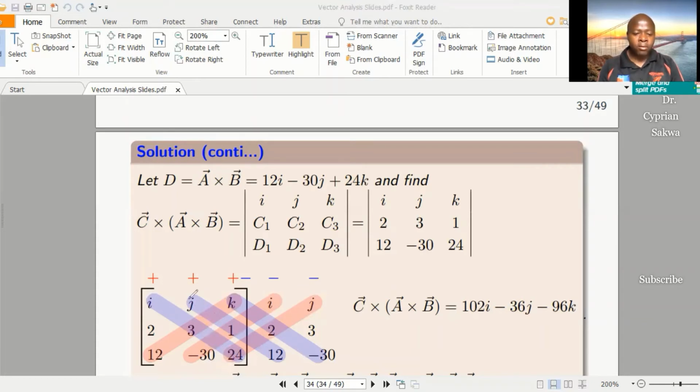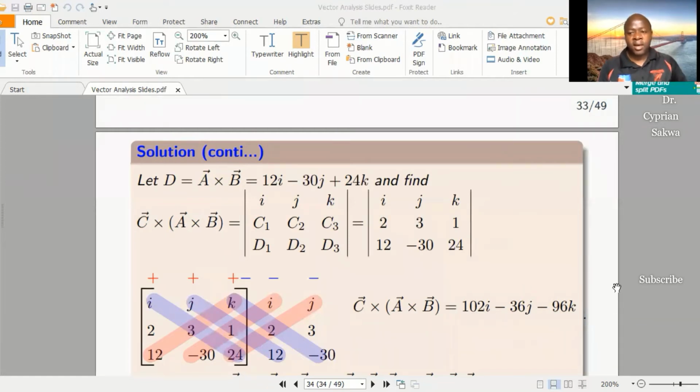And then multiply along the diagonals in blue as I add the results. And multiply along the diagonals in red as I subtract the results. So doing that gives me this vector triple product as this. So that is the answer. That is how we get vector triple products.